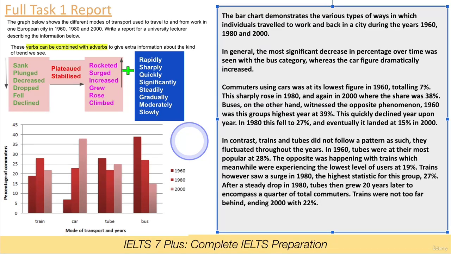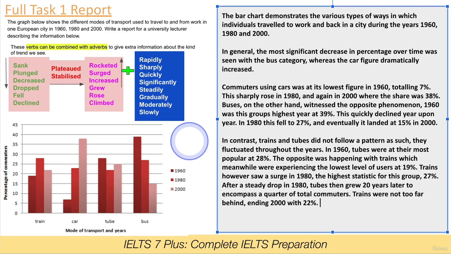Okay, so let's read this back, this paragraph here. In contrast, trains and tubes did not follow a pattern as such. They fluctuated throughout the years. In 1960, tubes were at their most popular at 28%. The opposite was happening with trains, which meanwhile were experiencing the lowest level of users at 19%.